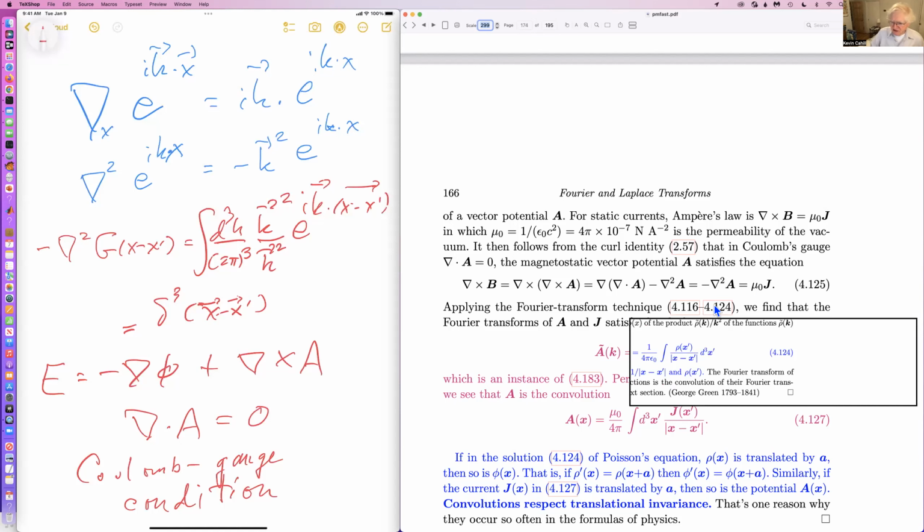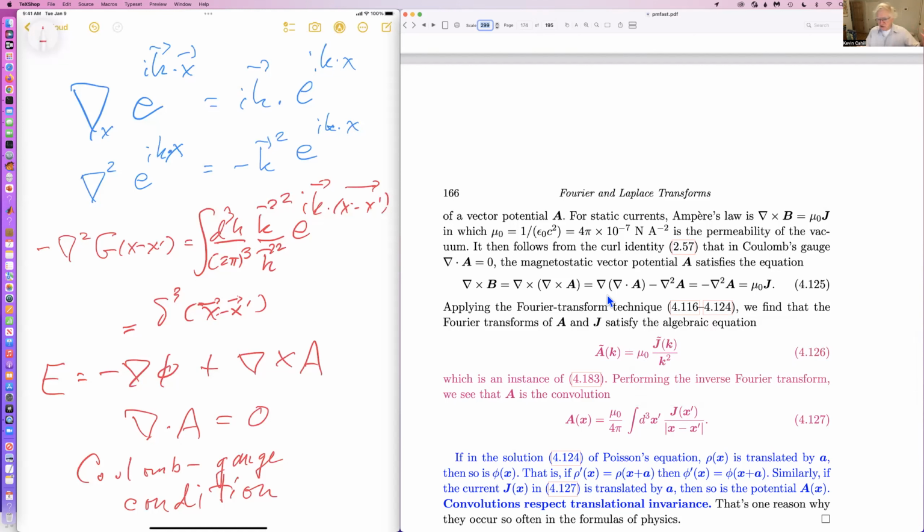Well, by going through the same procedure that we just went through for the scalar potential, we see what we have is 3 analogs of the scalar potential. Minus Laplacian of the scalar potential equals the charge density over epsilon 0. We have 3 copies of this because this is a vector equation.